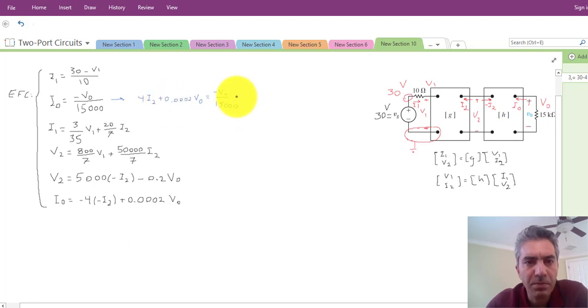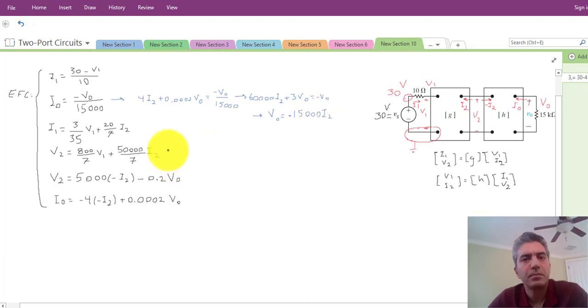So I multiply both sides by 15,000, I get 60,000 times I2 plus 3 V out is equal to minus V out, or in other words, minus 4 V out is 60,000 I2, so V out is equal to minus 15,000 times I2.